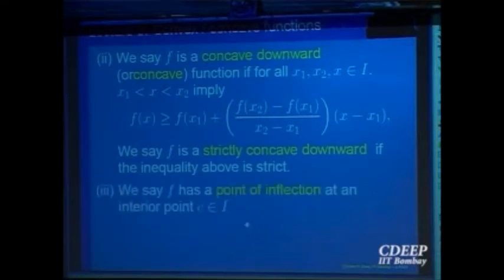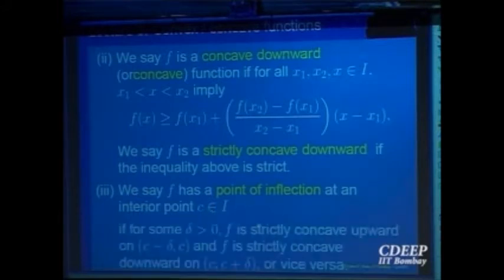Right? Geometrically it's clear. And a point c belonging to I, which is an interior point, it should not be one of the endpoints of the interval, we say it is a point of inflection if that is the point where the nature of concavity changes to convexity or convexity changes to concavity.